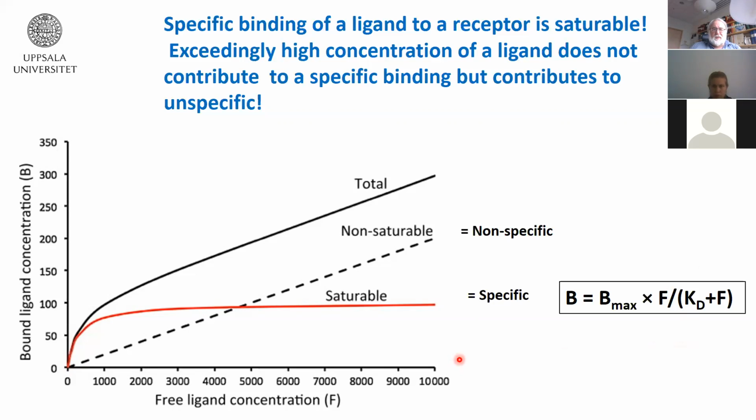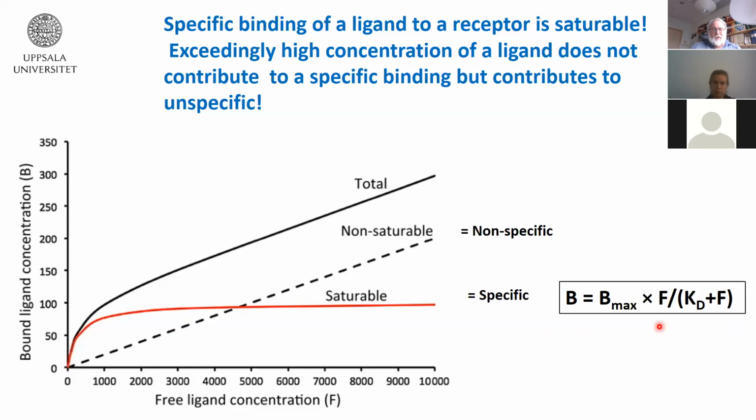Good radiopharmaceuticals have affinity or Kd in a low nanomolar or single digit nanomolar range, or even subnanomolar. So what happens in this case?